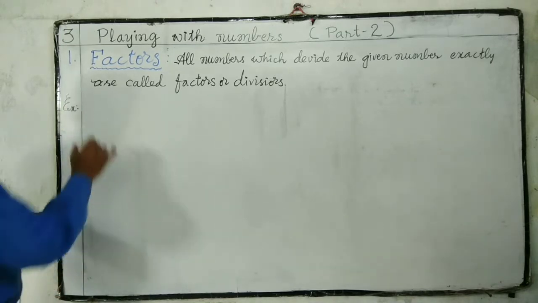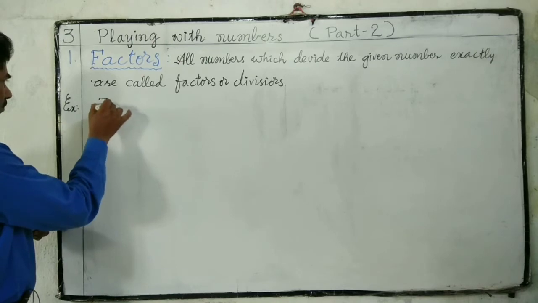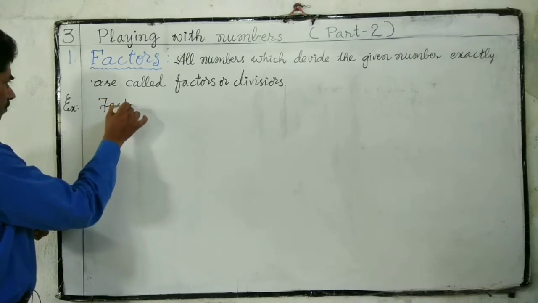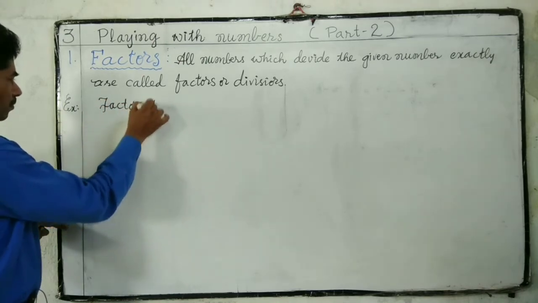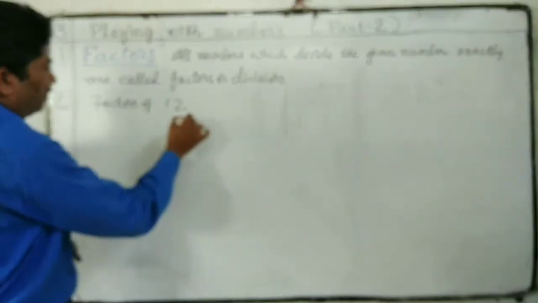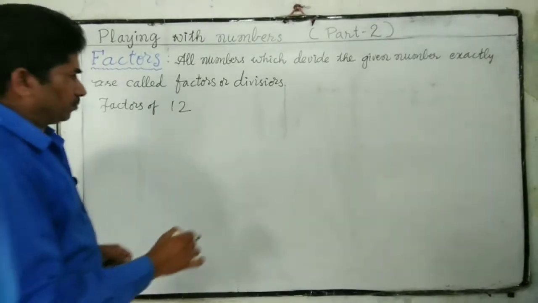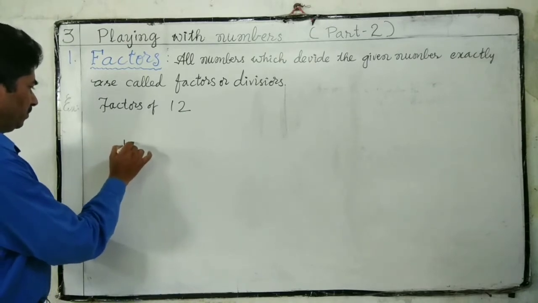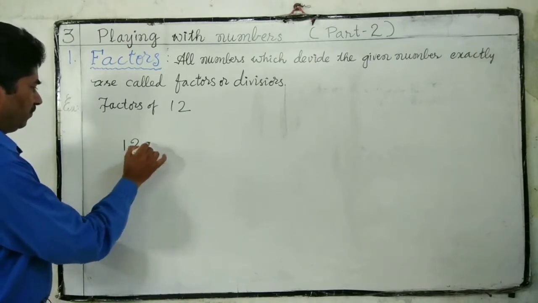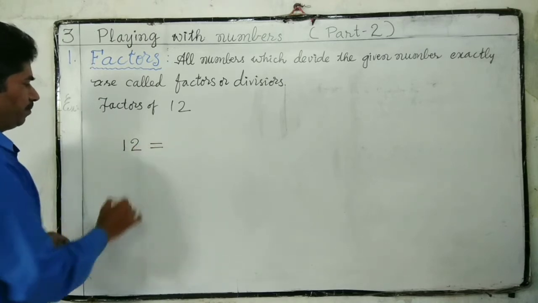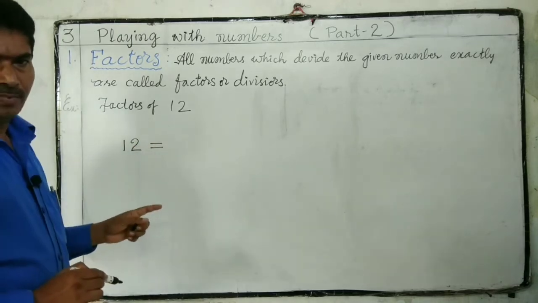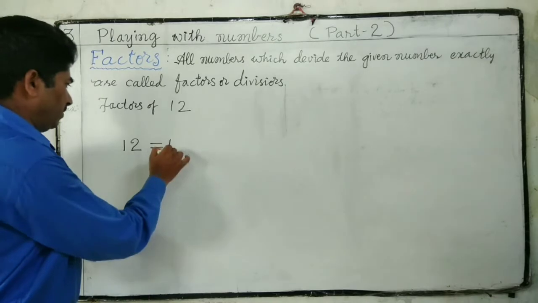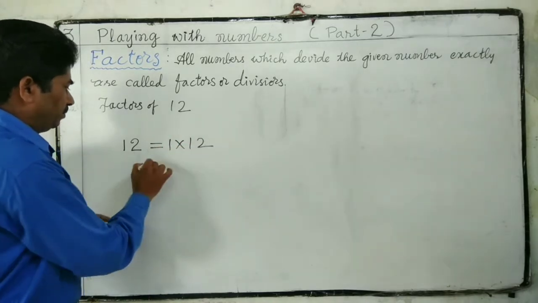Factors of 12. To find factors, we have to do this process. 1 is a factor of every number. That's why 1 12s are 12.